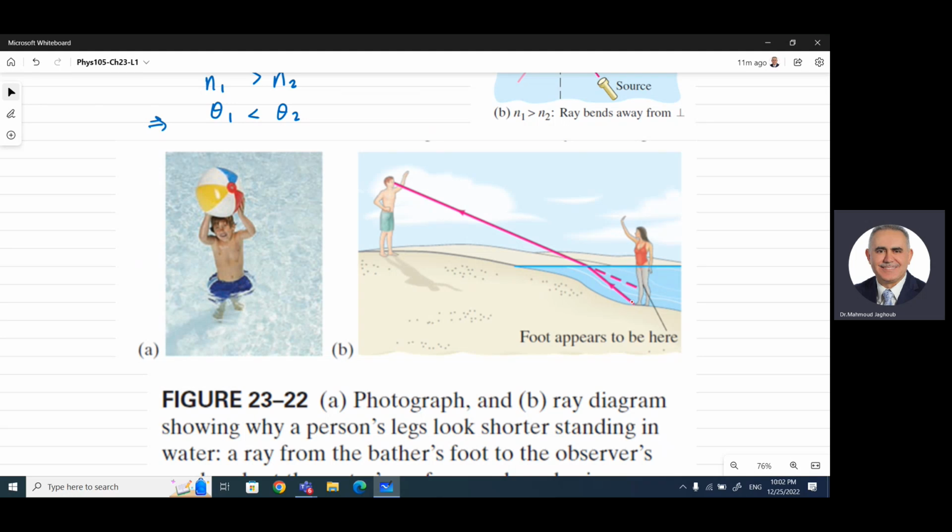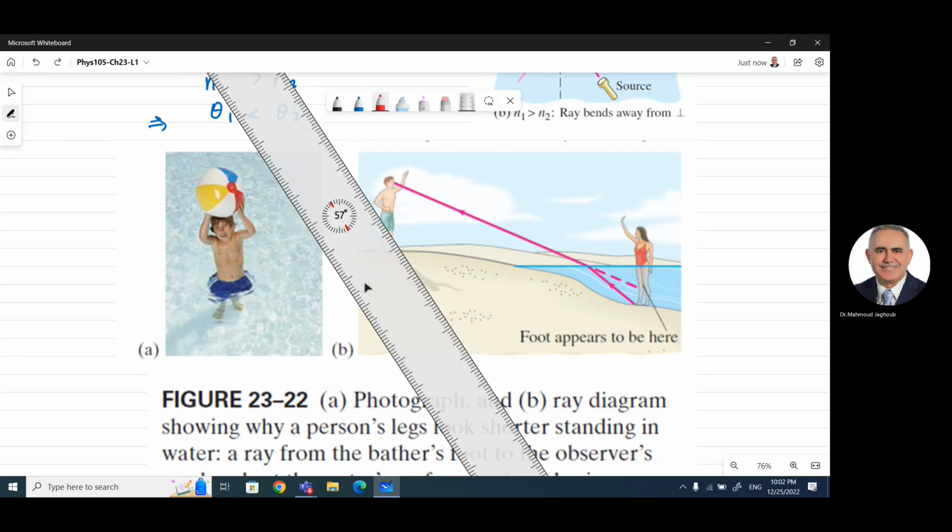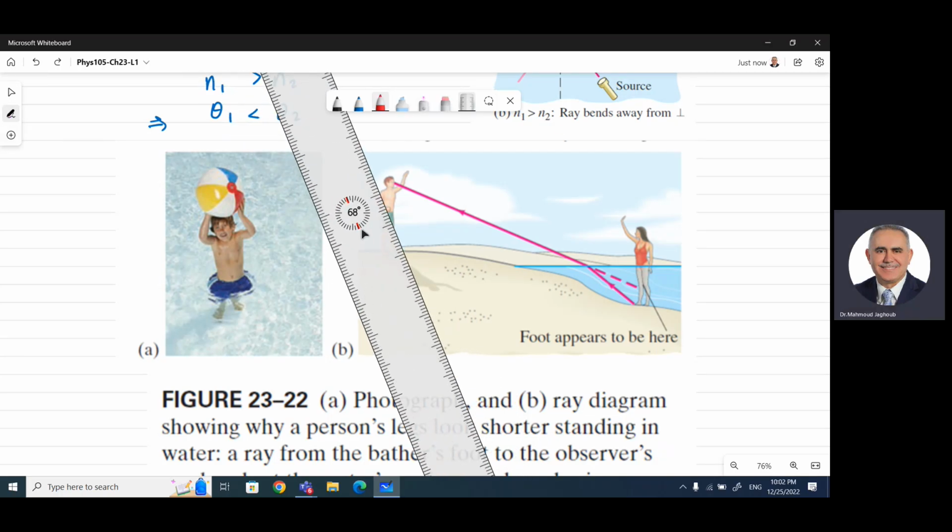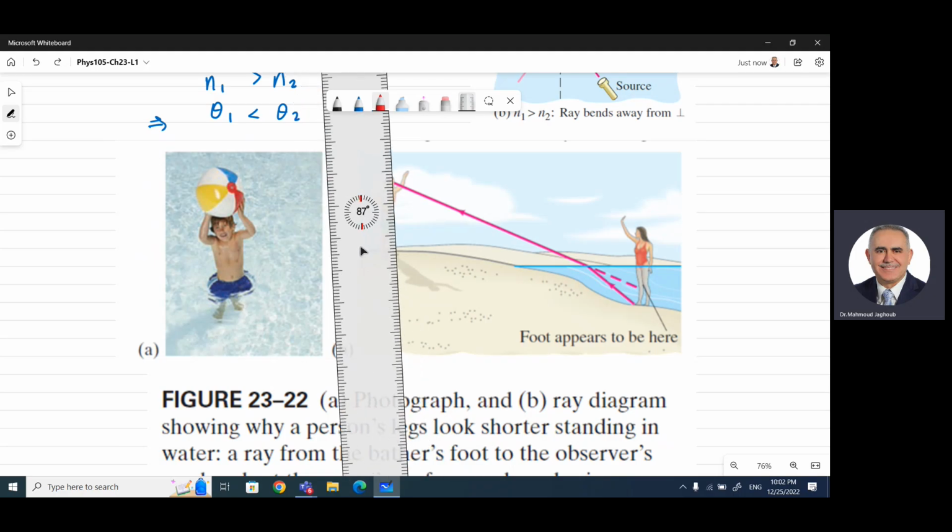Okay, light goes from the foot. It's traveling in water. If this is the normal over here. Let me try and use the ruler. It's better to use the ruler. You see, I will draw the normal just to see what happens.